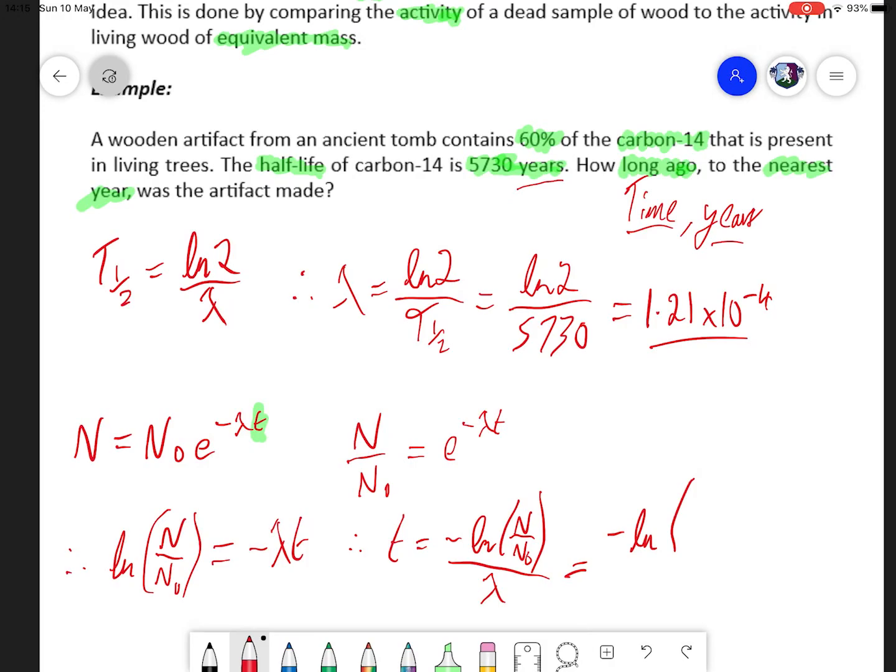Now you could use any arbitrary numbers here, you could even use 60 and 100, but relating it to 1 when we're talking about percentages is the easiest thing to do. And that's all divided by our previous answer of 1.21 times 10 to the minus 4 that you saved on your calculator earlier.